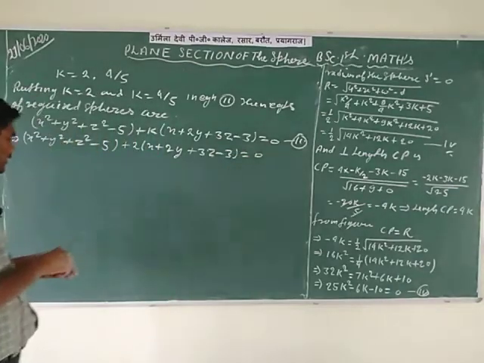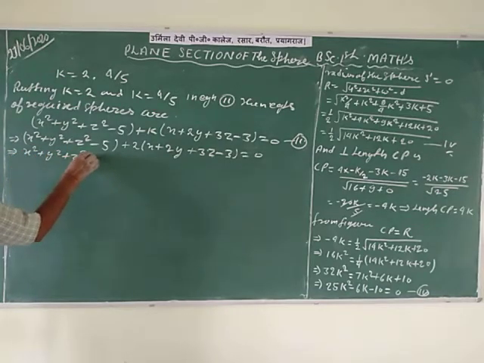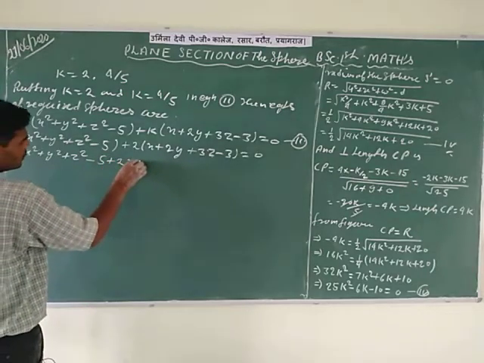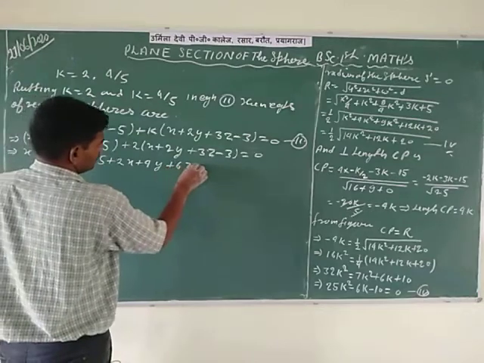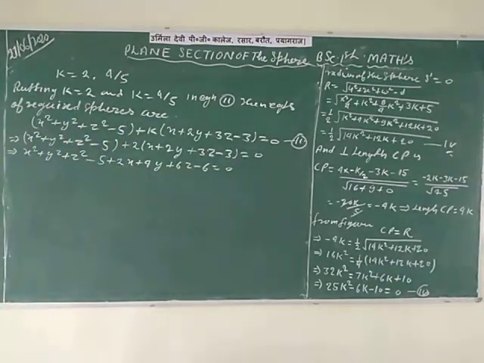After simplification, write the general equation of the required sphere: x square plus y square plus z square minus 5 plus 2x plus 2y, 2 means 4y, plus 6z minus 6 is equal to 0. Here minus 5 minus 6 is equal to minus 11.